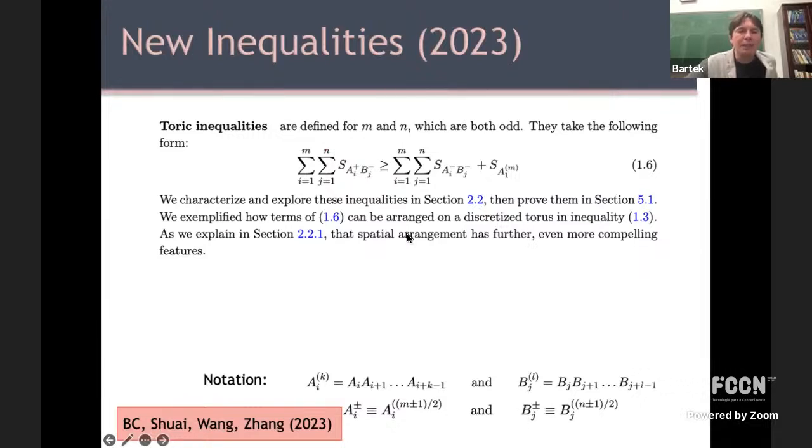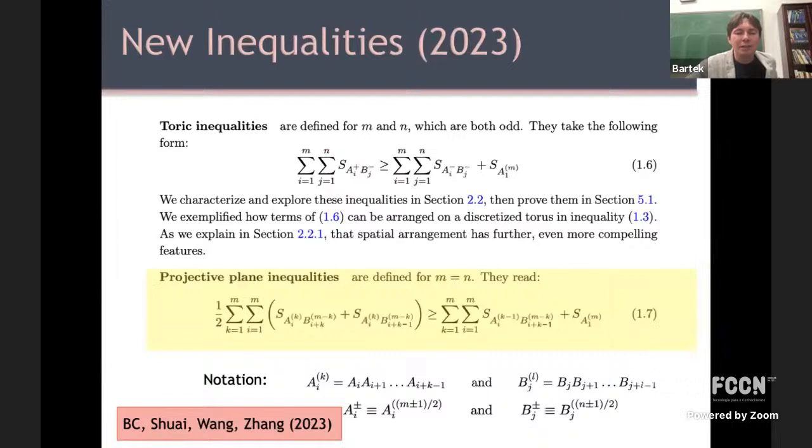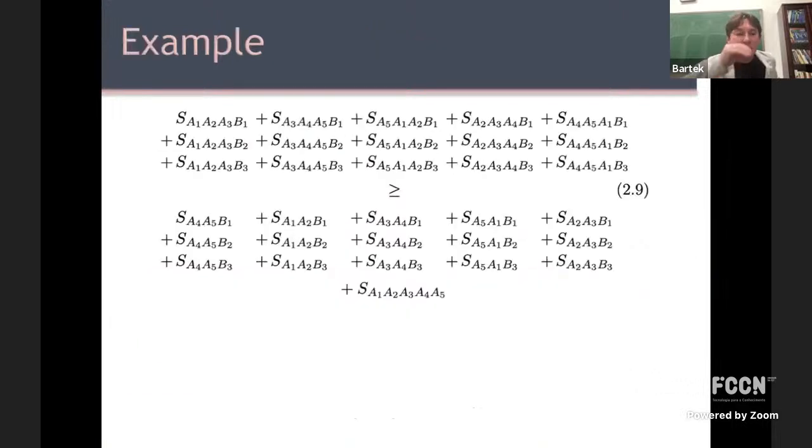With this notation, we are now ready to understand what this really means. To give you a sense, let me give you an example. Suppose that I have 5 A regions and 3 B regions. I have the entropies of the consecutive majorities of A regions.